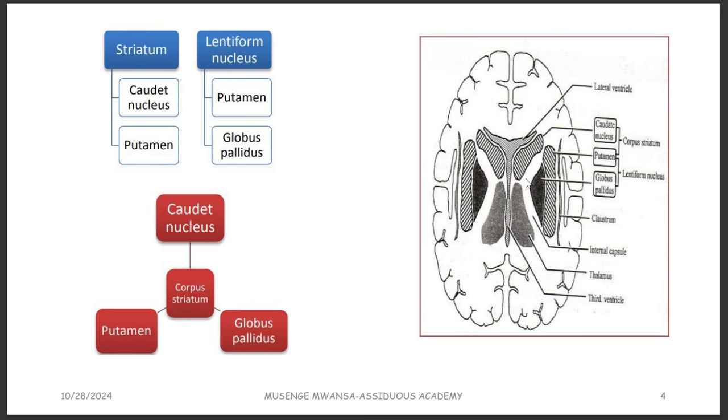So the internal capsule is this structure that makes a C shape, having an anterior limb, a posterior limb, and the middle part that is known as the genu. So the anterior limb of the internal capsule is separating the lentiform nucleus from the caudate nucleus. The lentiform nucleus is made up of the globus pallidus and the putamen. Globus pallidus has got the internal part and the external part.